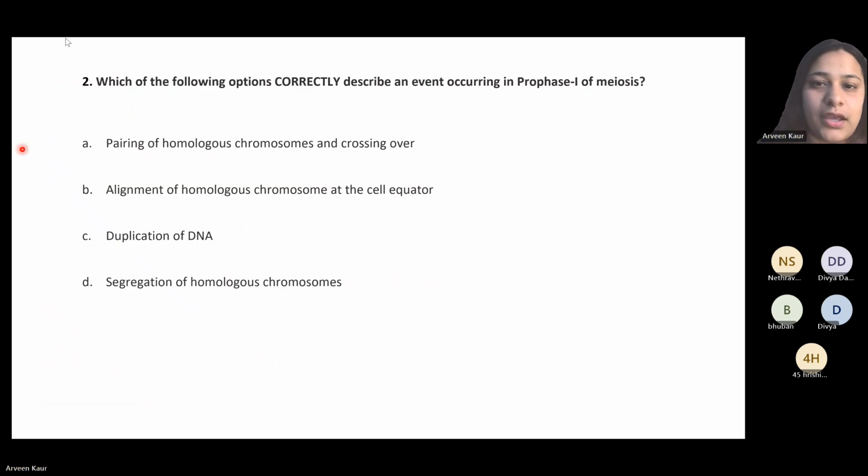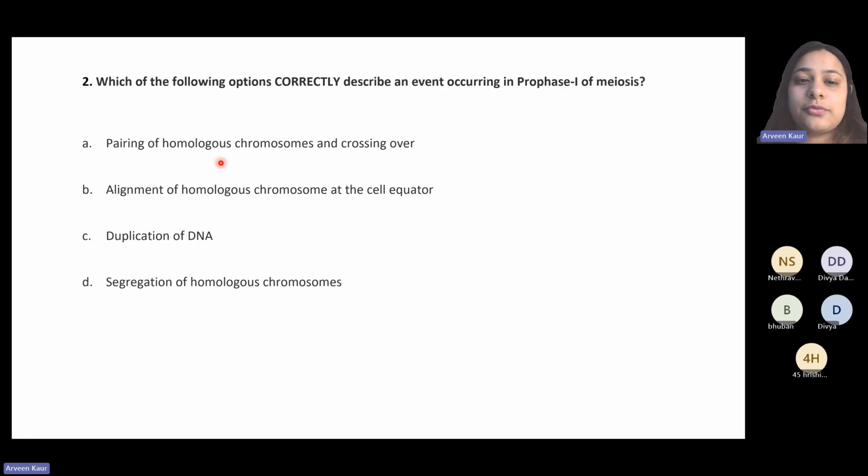Okay. So coming back to our next question, which is question number 2, it says, which of the following options correctly describes an event occurring in prophase 1 of meiosis, right? So go back, think about meiosis, think about this particular phase in meiosis, and here are the options for you guys.